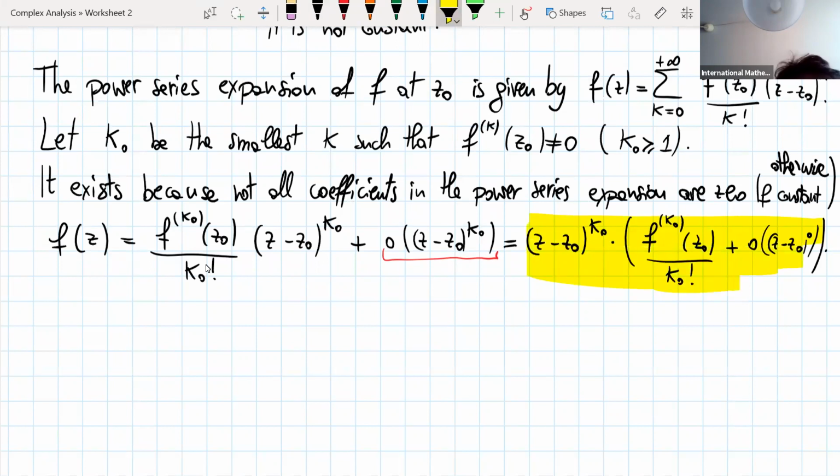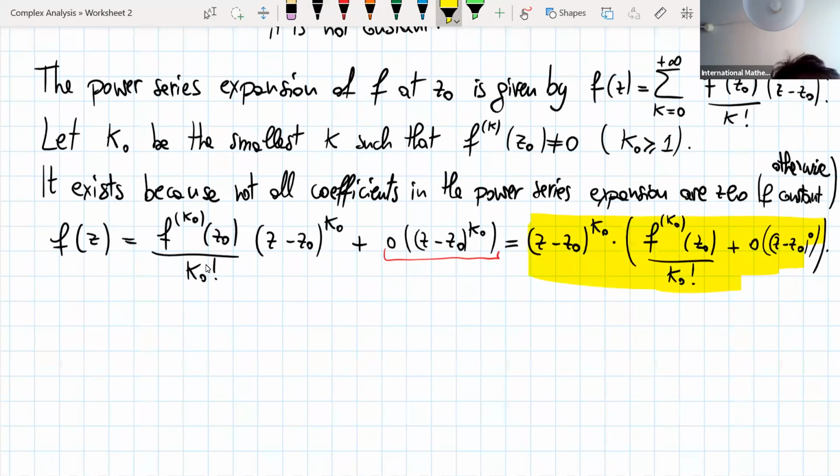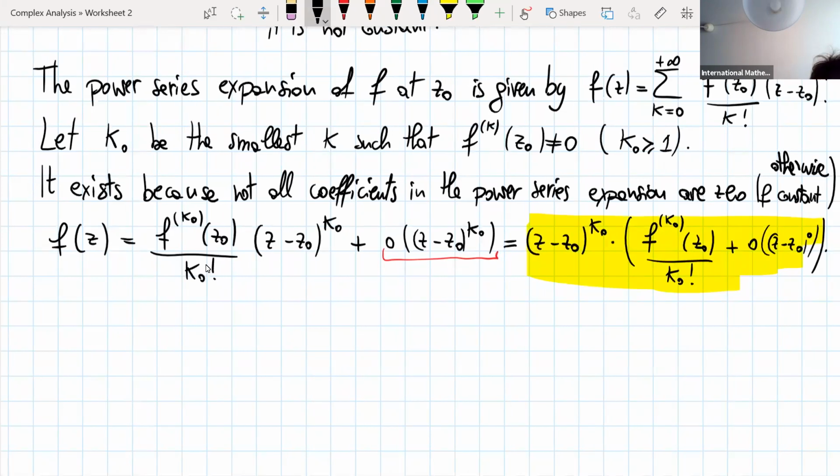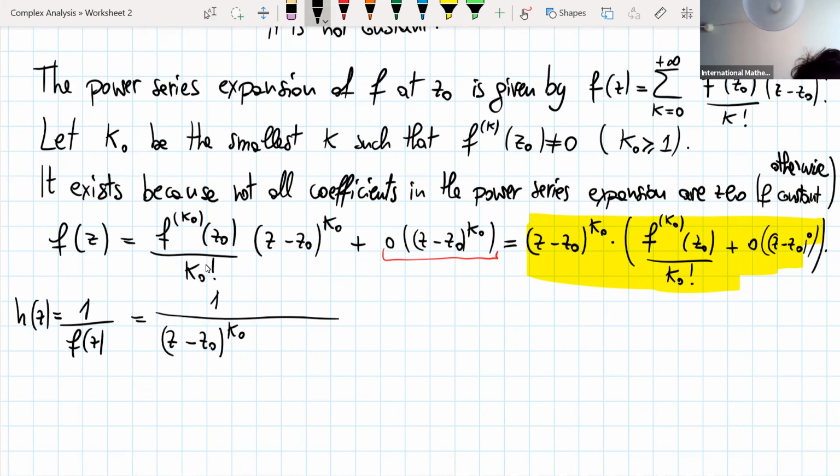And we can use this to also have an expression for 1 over f. So 1 over f of z, this was our function h of z, is now given by 1 over z minus z0 to the k0 times f^(k0) of z0 divided by k0 factorial plus terms of order at least 1.